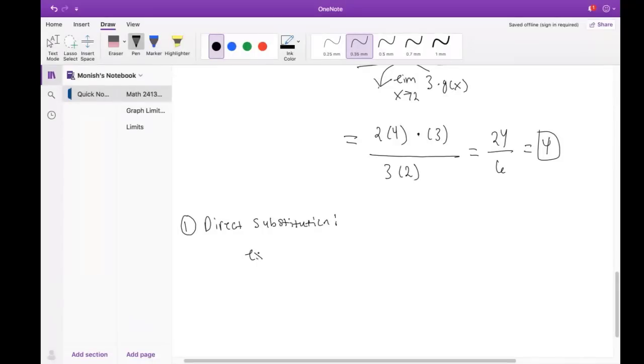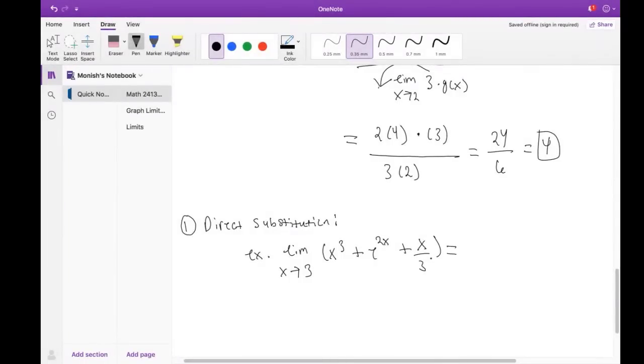So an example where you could just apply this would be the limit as x approaches 3 of 3x cubed plus e to the 2x plus x over 3.